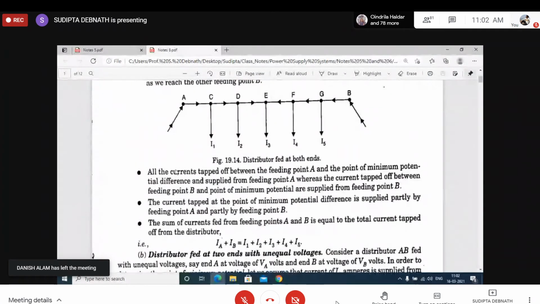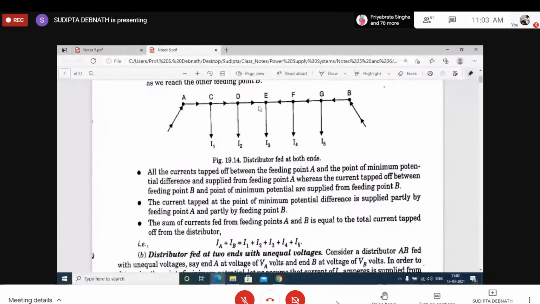Now see. Let the current, what is the current? Though the voltages are equal, you never know whether the current entering here is equal to the current entering here. Because it will depend on the values of I1, I2, I3, I4, and also on the distance at which they are tapped.